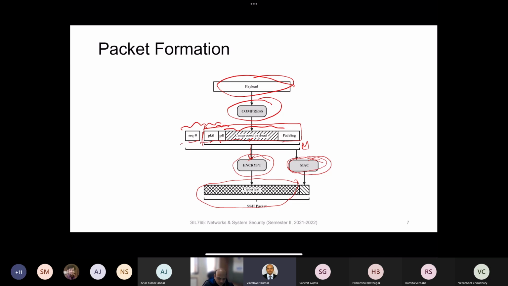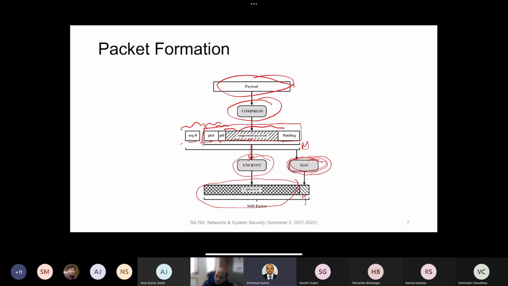authenticate the sequence number. You don't want to encrypt the sequence number, so it is not part of the message being fed to the encryption algorithm. But of course, you want to authenticate the sequence number, so that is also fed to the message authentication code generation algorithm.